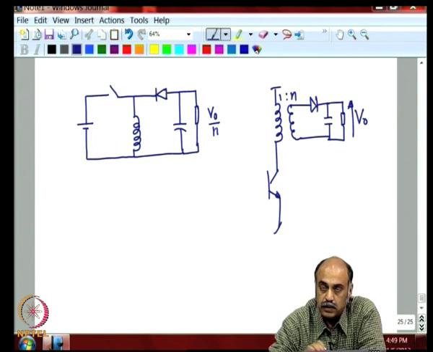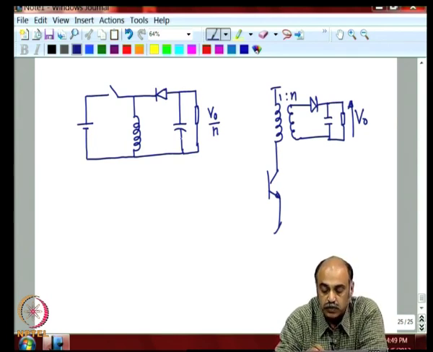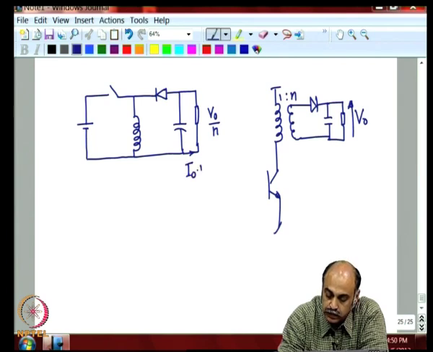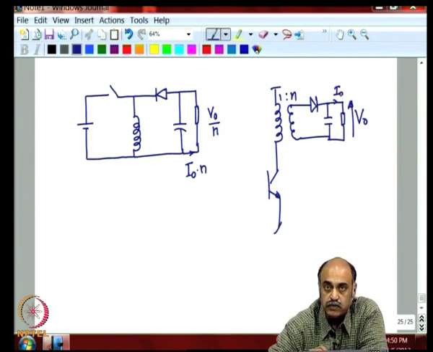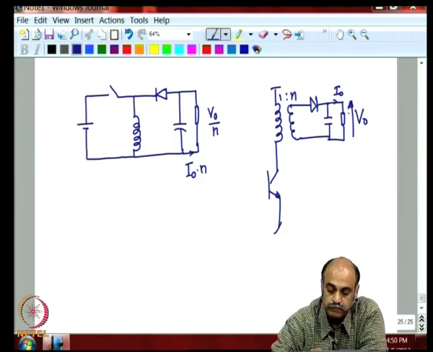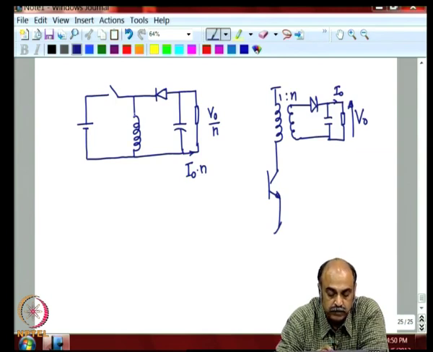Keeping V naught by n as the voltage output of the non-isolated buck and I naught into n as the current which flows through it, such that we keep the power the same as the isolated case. Do all the design that you would for the non-isolated buck, find out the value of the inductor, the rating of the switch.